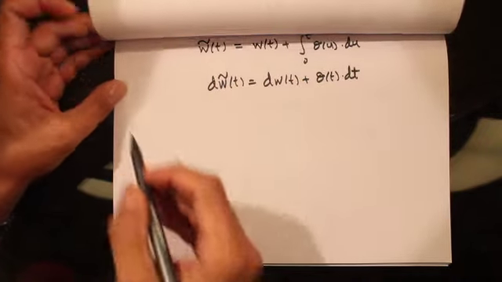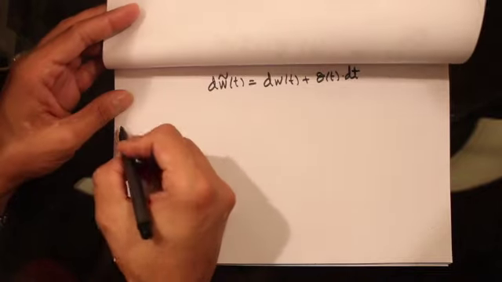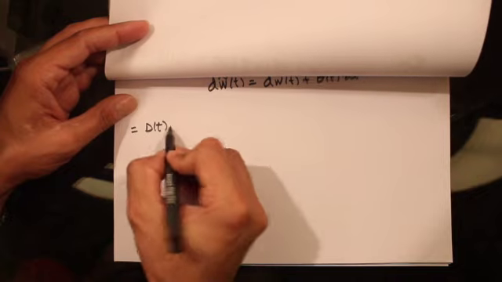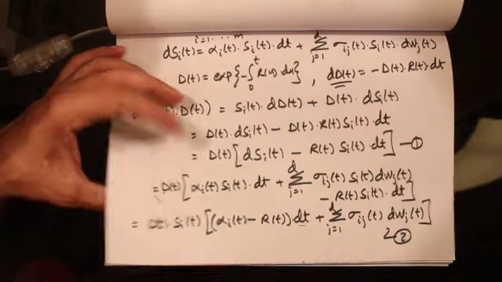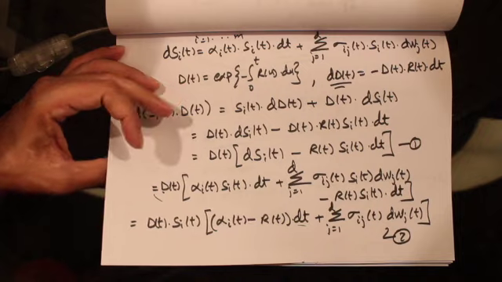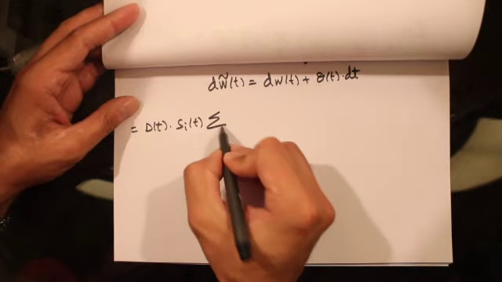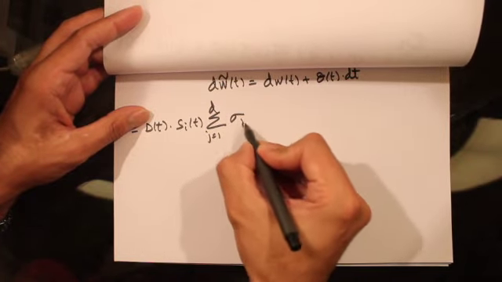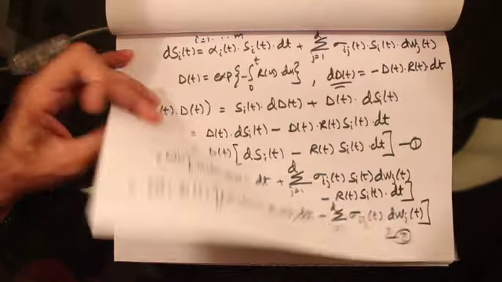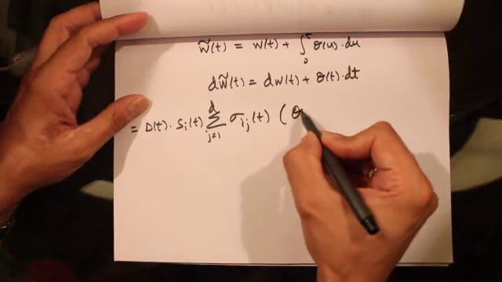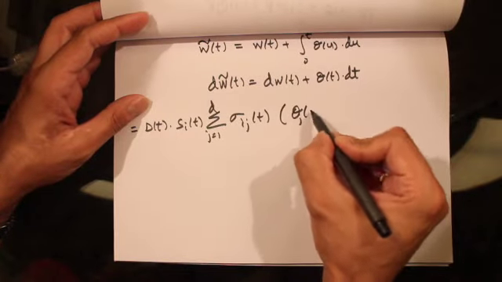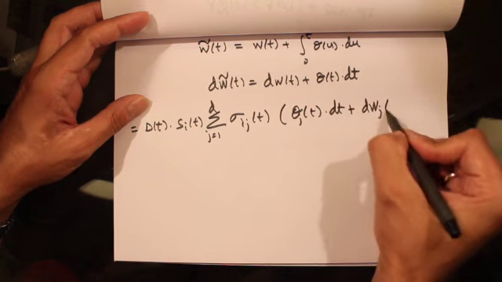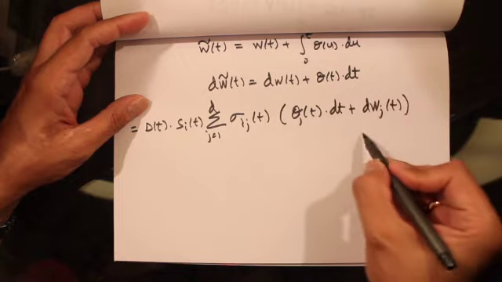The way we're going to do it is I want to write this equation as dS_i(t) = S_i(t) times the summation j equals 1 to d of sigma_ij(t), and here I want to introduce theta_j(t) dt plus dW_j(t).